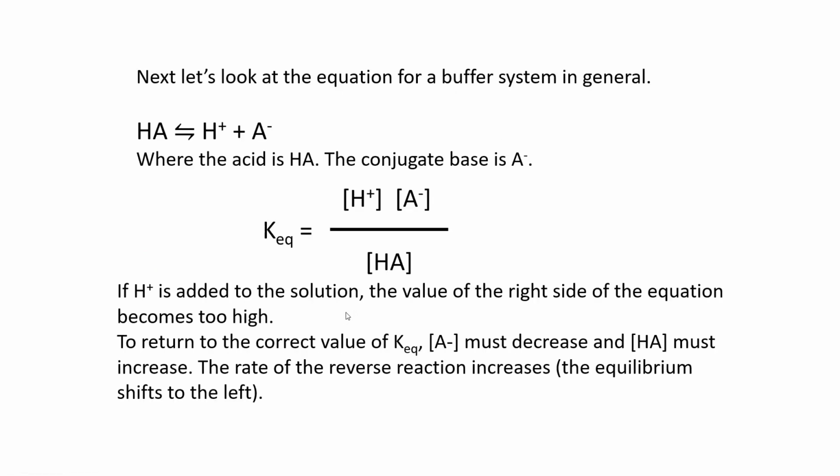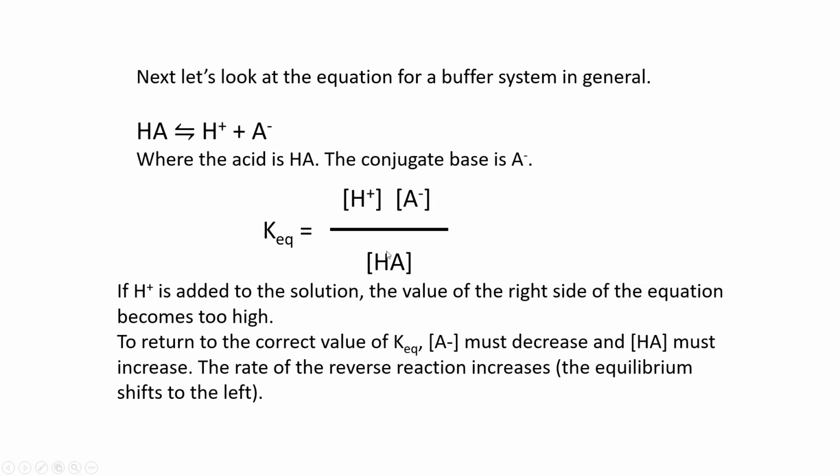Let's look at the equation for a buffer system in general. So in this equation we have HA equals H plus plus A minus. A minus stands for anion, or a negative ion. When the acid is HA, the conjugate base is this anion, which has a negative charge.